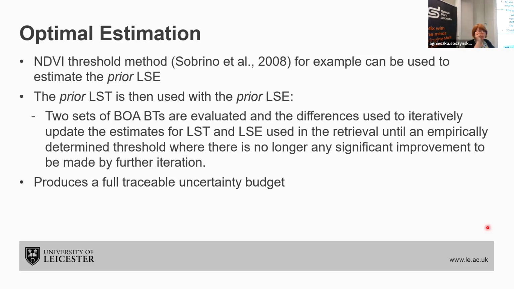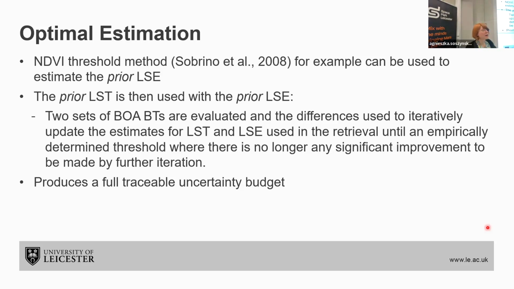And we can also make a first guess of land surface temperature, taken, I don't know, from ERA5 or from lookup tables. Basically, you can feed it whatever you wish. And the further away from truth, the higher the uncertainty will be. Now, the advantage of that specific algorithm is that it produces a fully traceable uncertainty budget. So you can understand all the components that Mike mentioned before a little bit better because they're described well in uncertainty matrices.